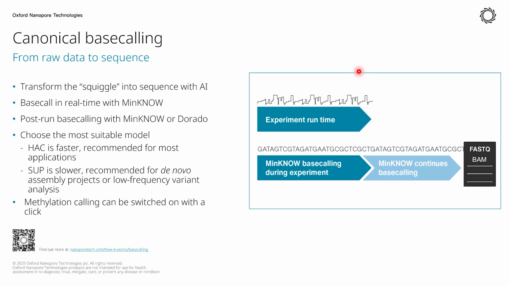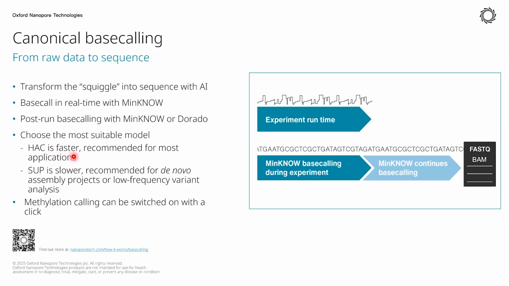So we can choose between 3 different accuracy models, and it depends on the computational resources we are using with the P2 Solo, and time to answer requirements. There is the HAC base calling model, which we have used for all the cfDNA sequencing runs.